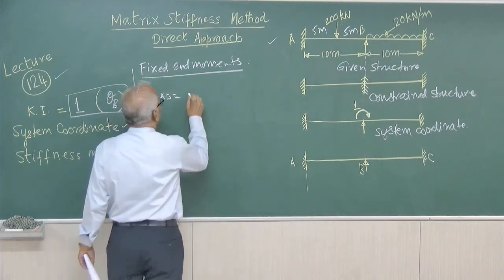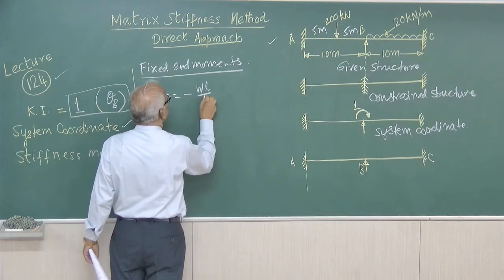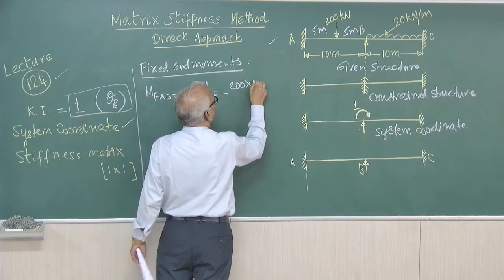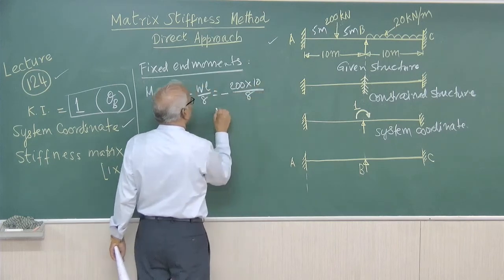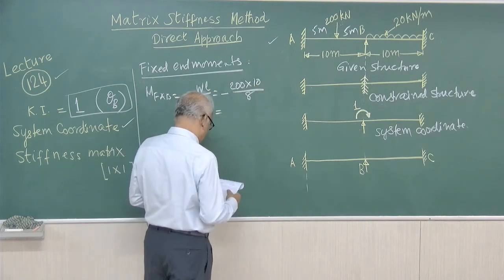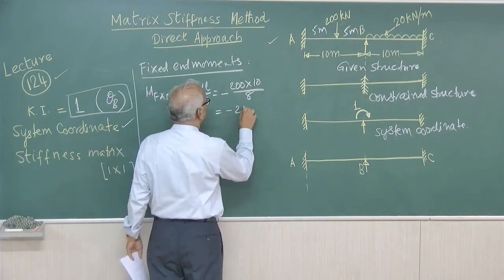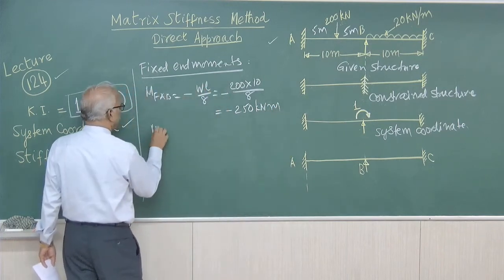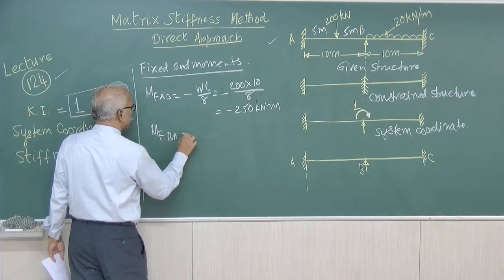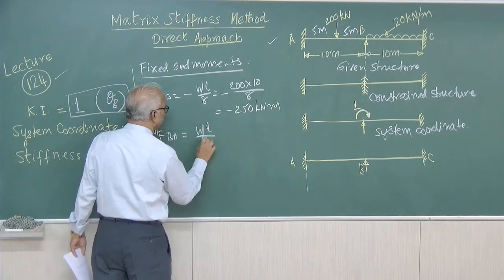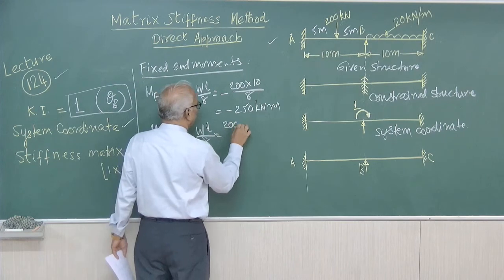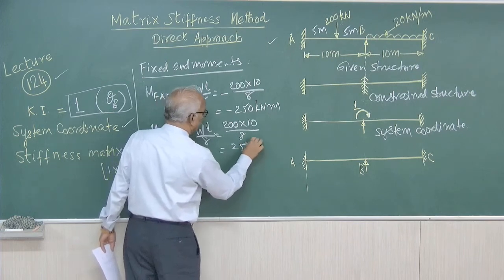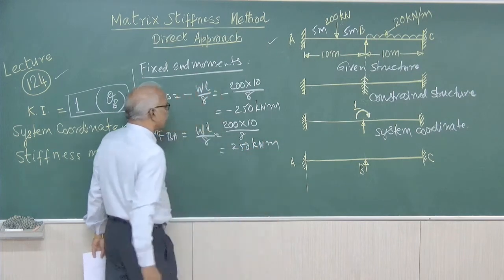So it is minus WL by 8, equal to minus 200 into 10 by 8, equal to minus 250 kilonewton meter. MF BA equal to WL by 8 equal to 200 into 10 by 8 equal to 250 kilonewton meter.